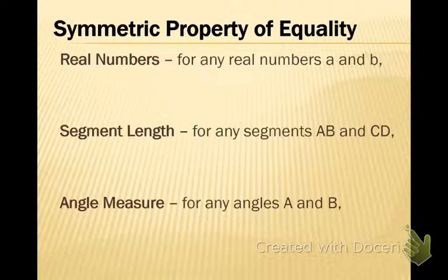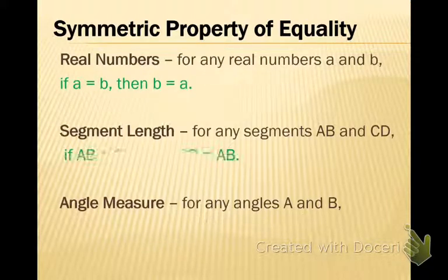The symmetric property basically says that if A equals B, then B equals A. We can flip that equals around, and it's the same thing. This little equation is the same on either side. We can do that for segment lengths too.